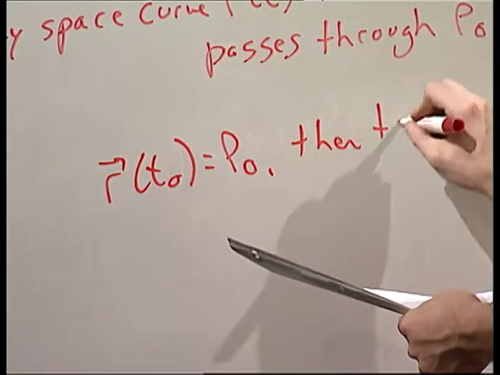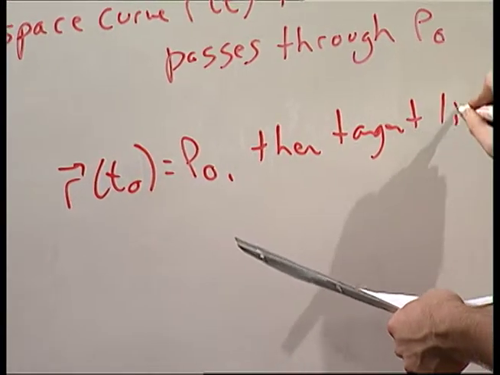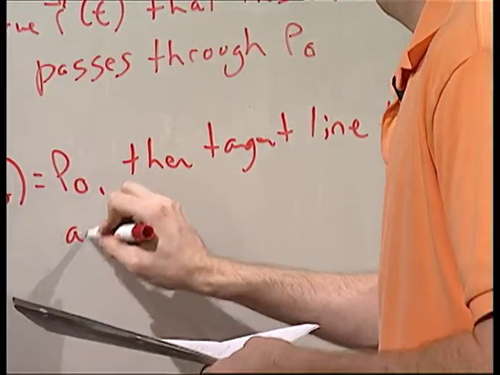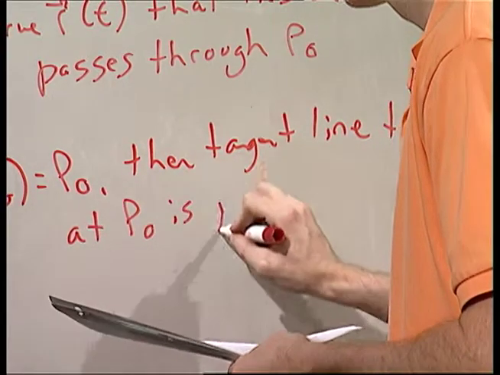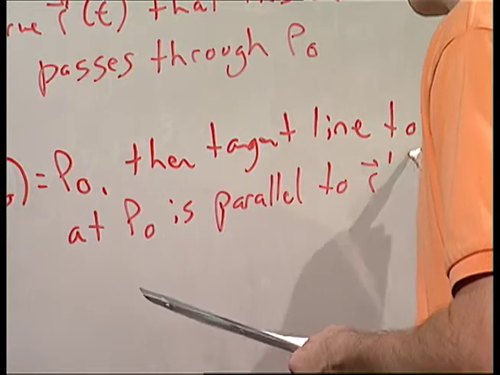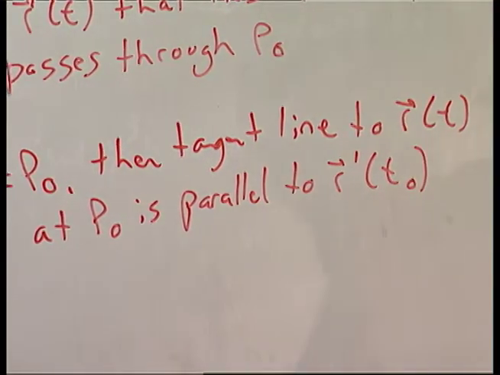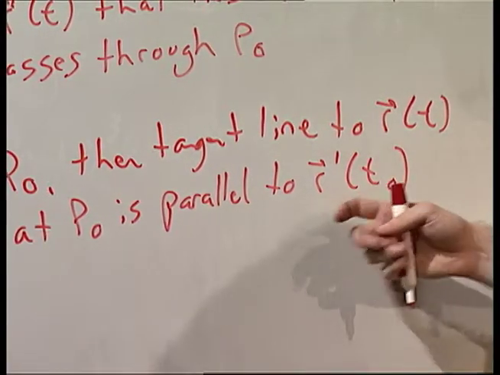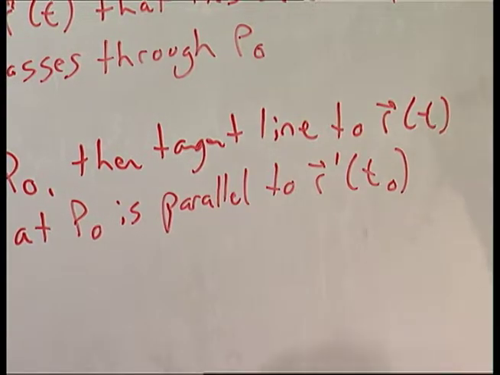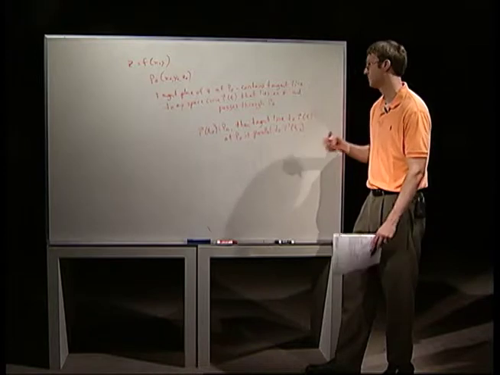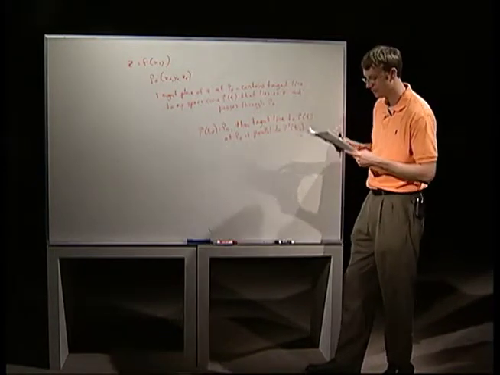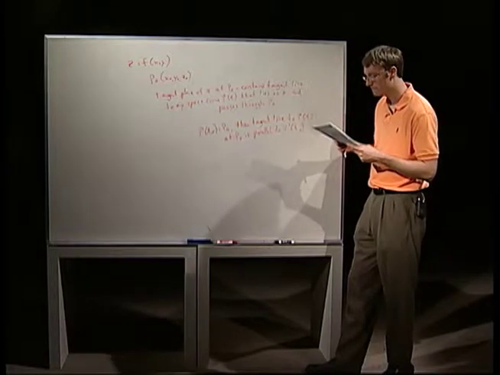Then the tangent line to that curve at p naught is parallel to r prime of t naught, right? So r prime of t naught is the tangent vector to r of t naught, right? If the tangent line is there, it's parallel to that. It's just a line that runs through this vector, right? Okay.